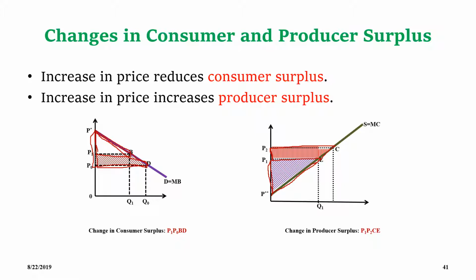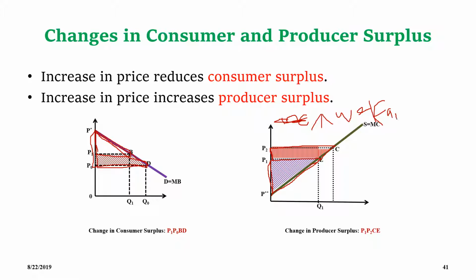So there is an increase in producer surplus by this small area. So there is an increase in welfare here for the producer when price increases.